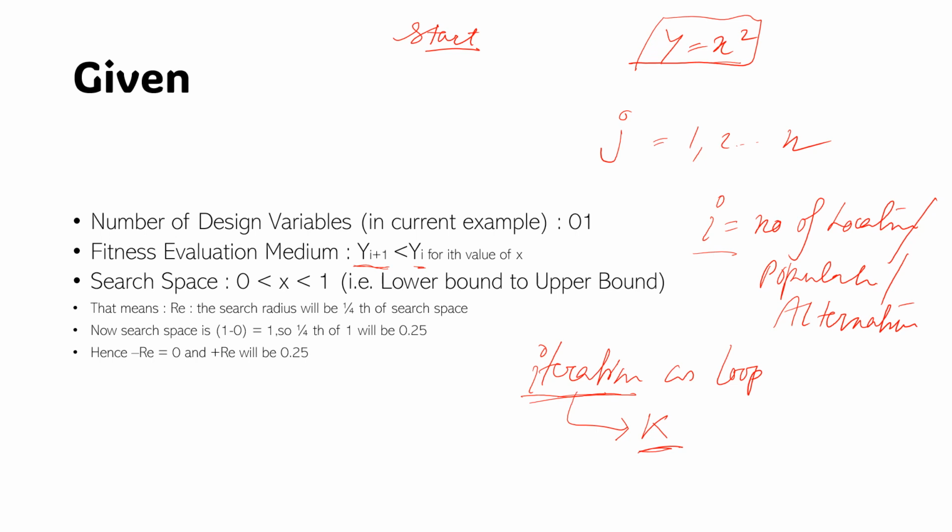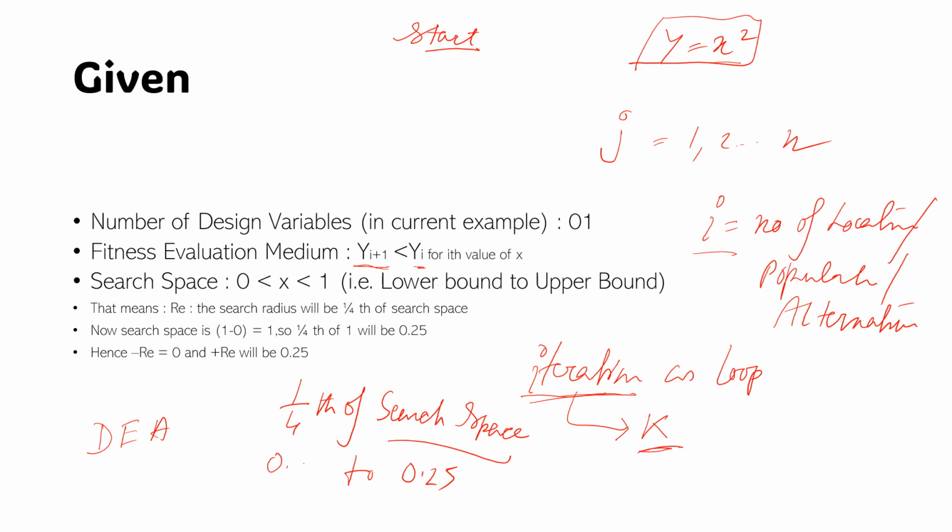And in case of DEA, the Dolphin Echolocation Algorithm, you can take only 1/4 of the entire search space to collect your values of x. 1/4 means you can take any value from 0 point something to 0.25.